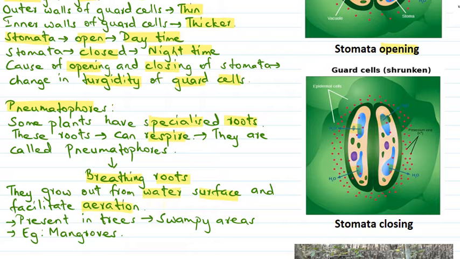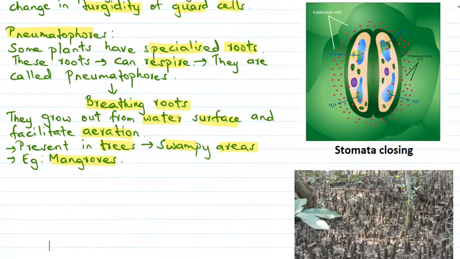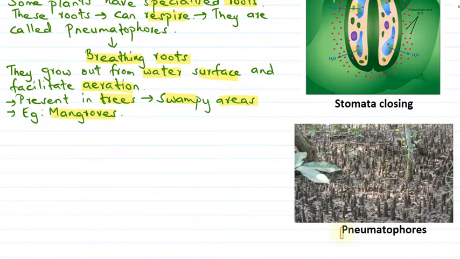They are present in trees which grow in swampy regions or swampy areas, for example, mangroves. Here is a picture of pneumatophores growing in a swampy region, and we can see these specialized roots help in aeration and are also known as breathing roots.